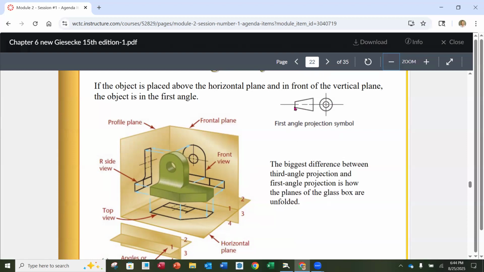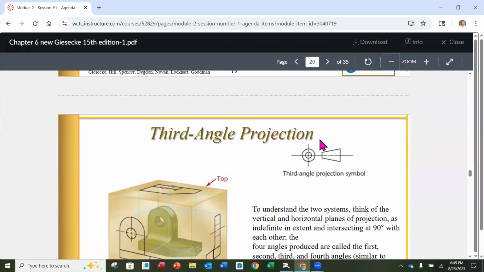They're projecting in this direction. If we were in third angle projection, that inner circle would be hidden because we'd be looking through material. Do you see that? So our third angle projection symbol has this on the left-hand side. Every one of the title blocks that anyone has, it's standard. They have to show, are they in first angle or third angle?